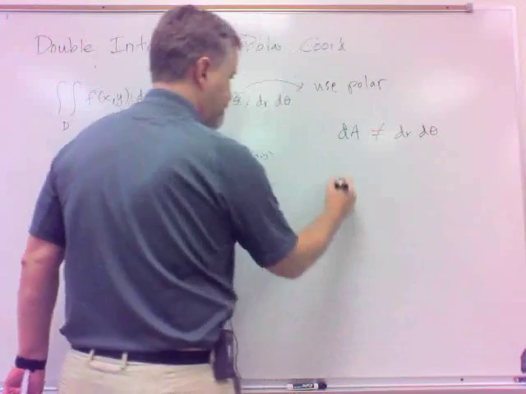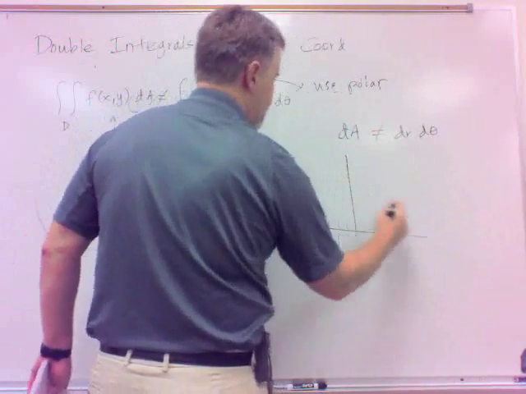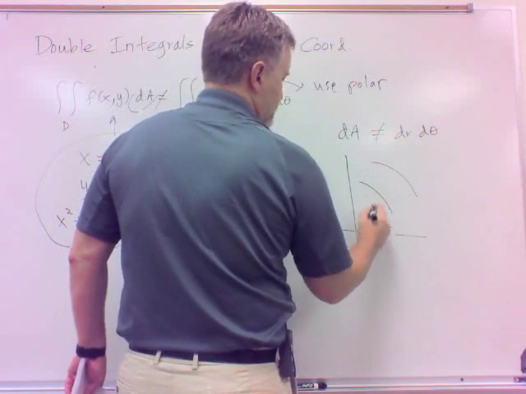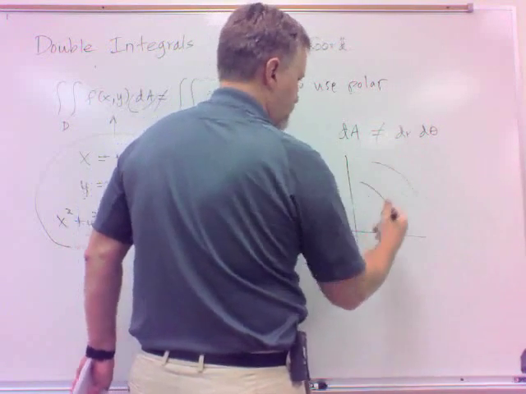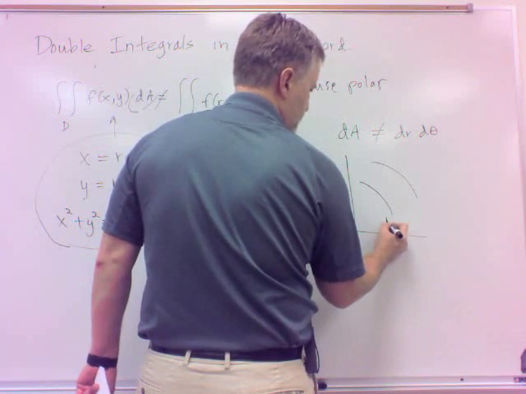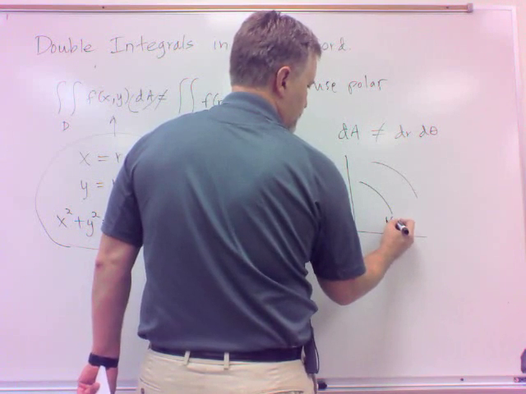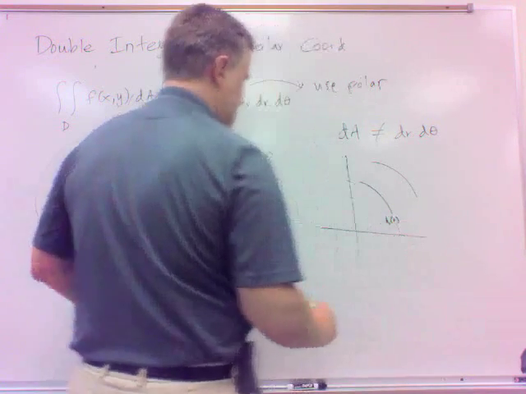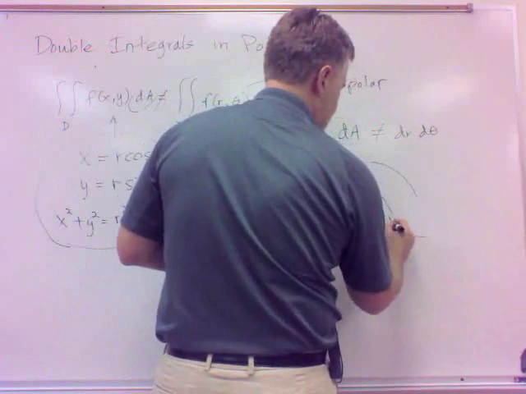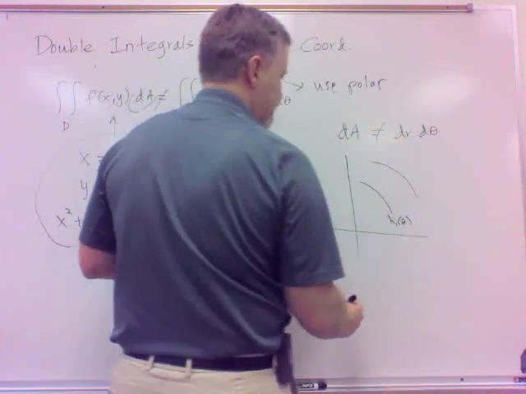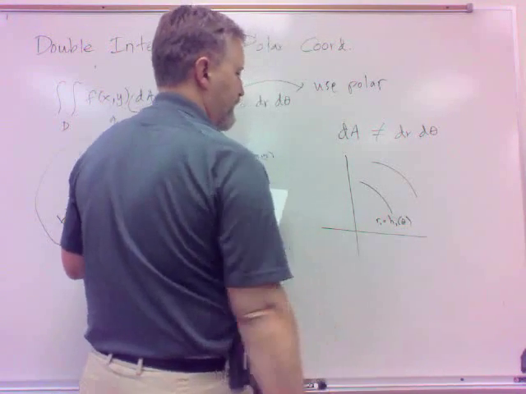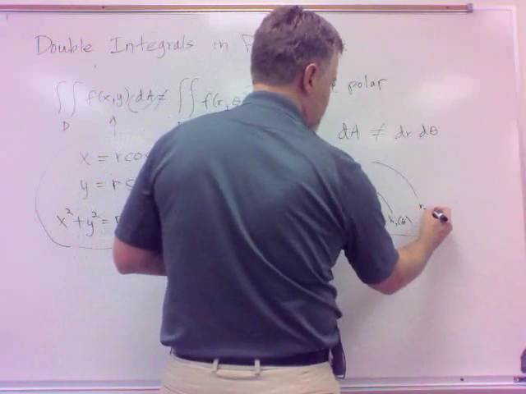Here's why. If you take a look at, let's say I've just got two nice polar equations here, and so this one, I think they call this one R1 equals H1 of theta, and this would be R2.